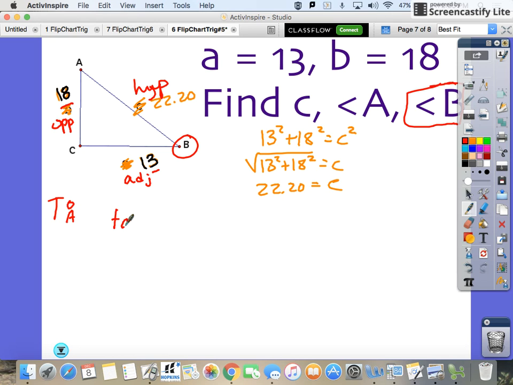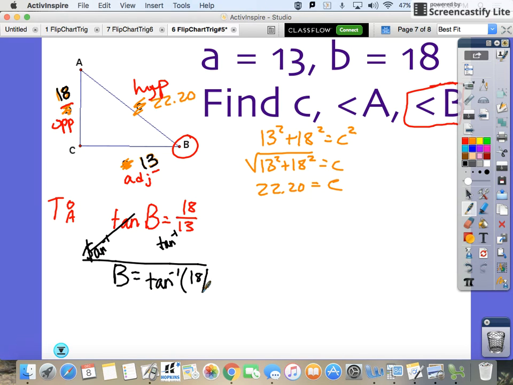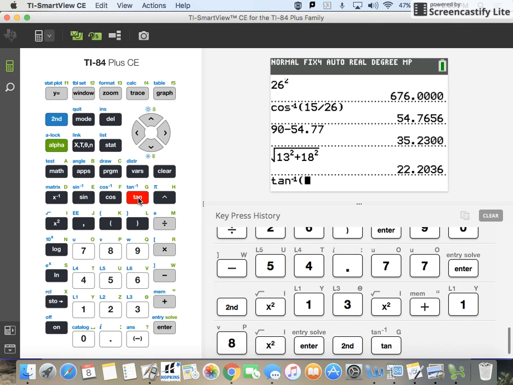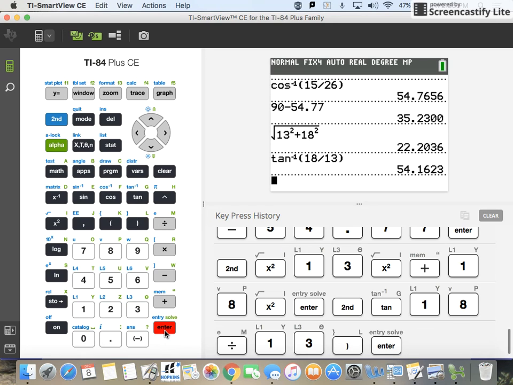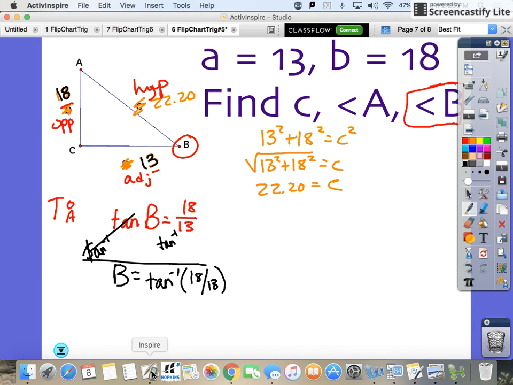So we know the tangent of B is equal to the opposite over adjacent. To solve, we do tangent inverse. B equals inverse tangent of 18 over 13. Which is 54.16.